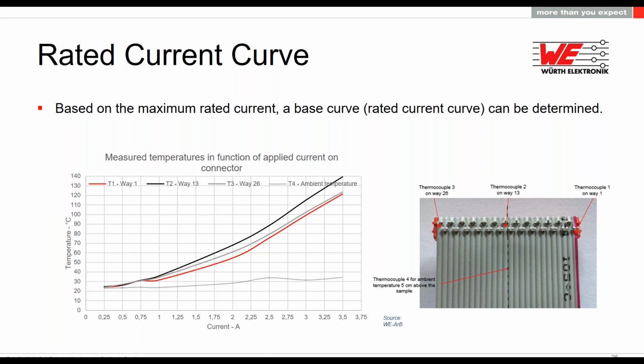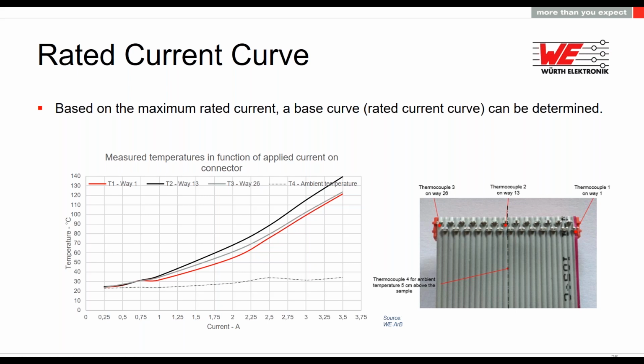Now, what you can see here is a test of one of our mini module connectors on the right side with a ribbon flat cable. We applied 3 thermocouples on this connector, one on the left, one on the right side, one in the middle. On the diagram on the left side, you can see why we did this, because the gray and the red lines are the 2 thermocouples on the left and right side.